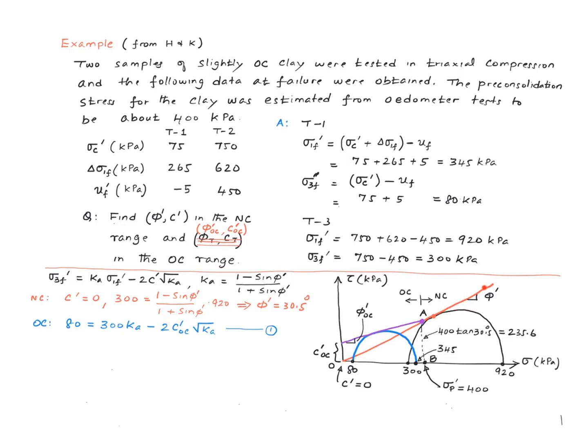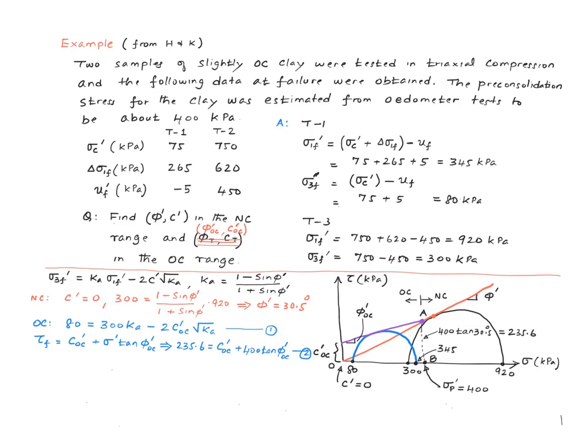Now that we have a value for phi prime, I can evaluate this vertical distance AB, which works out to be 235.6. Now I have the coordinates of point A. The normal stress is 400, and the shear stress is 235.6. And I substitute the coordinates into the Mohr-Coulomb failure equation. I get a second equation.